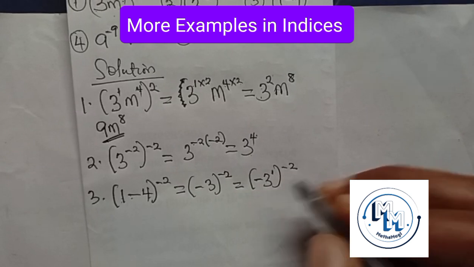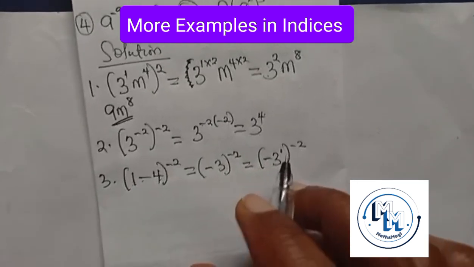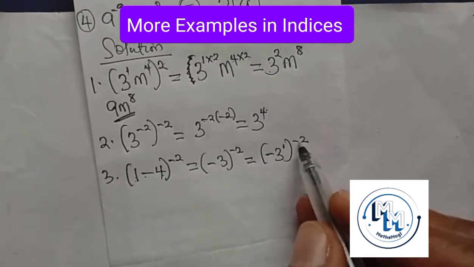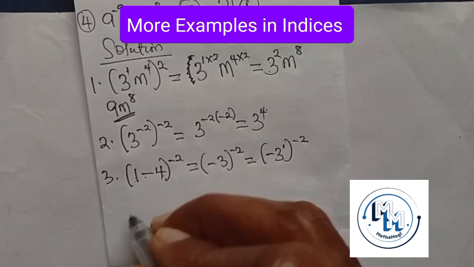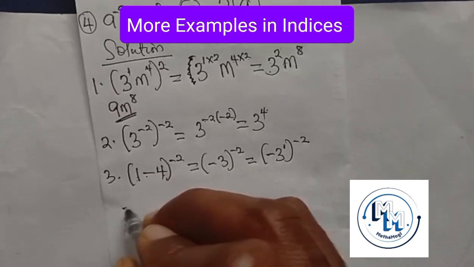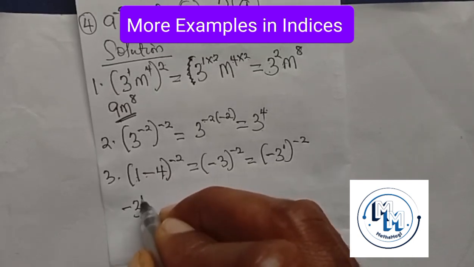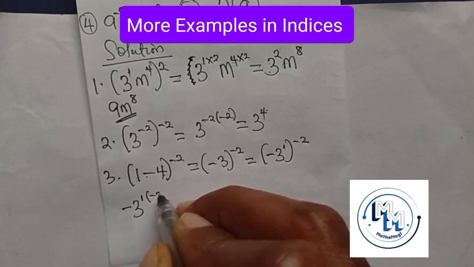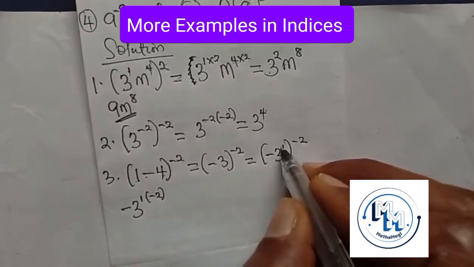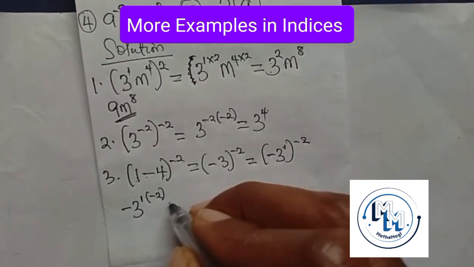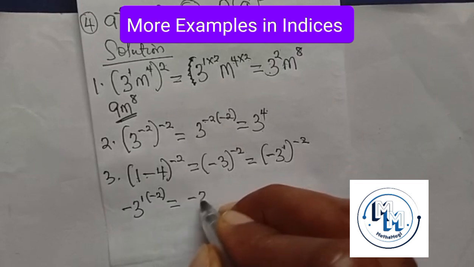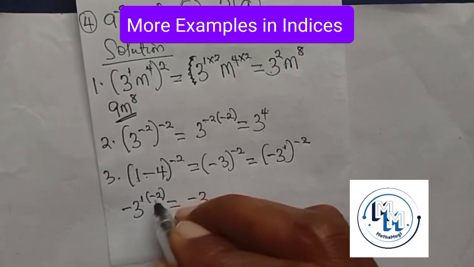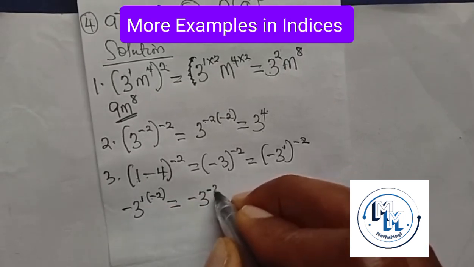So now I'm going to multiply the power here and the power outside: 1 times minus 2, which is minus 2.